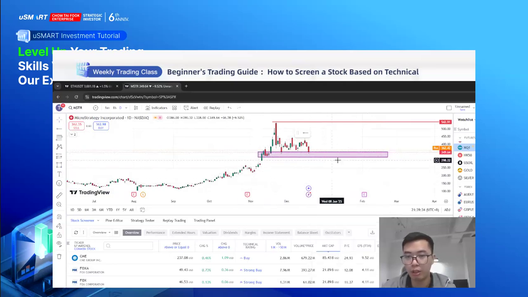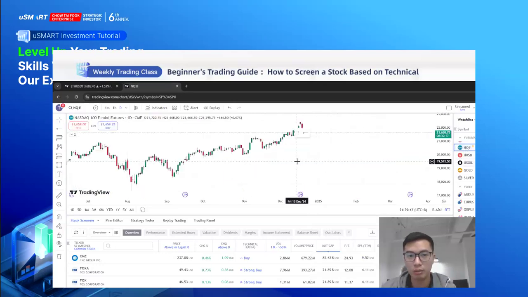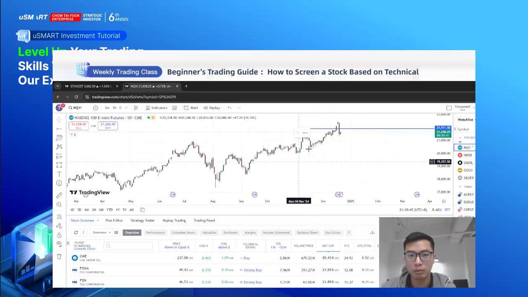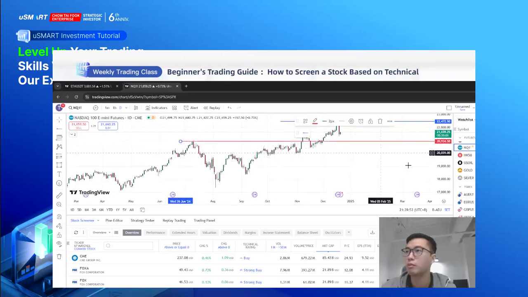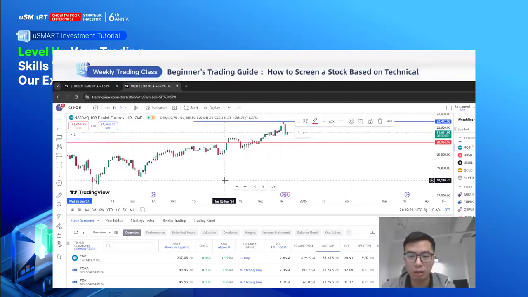So this is a point of interest. We will always look at the support. Support resistance. Uptrend stock, support resistance, then position size, risk management.